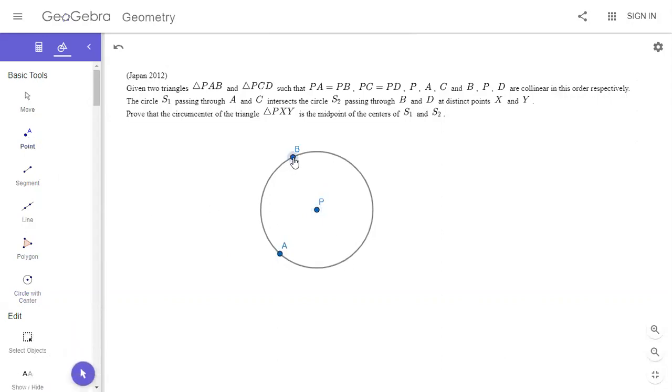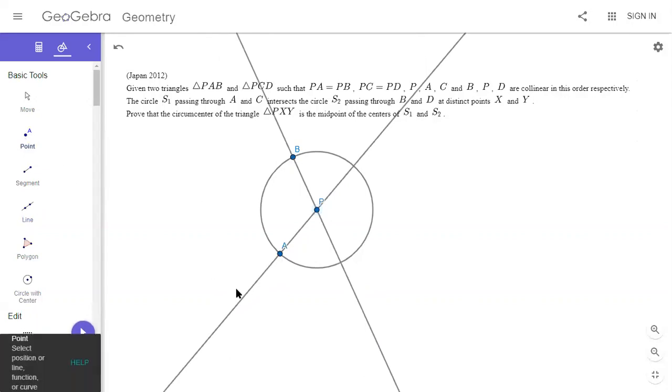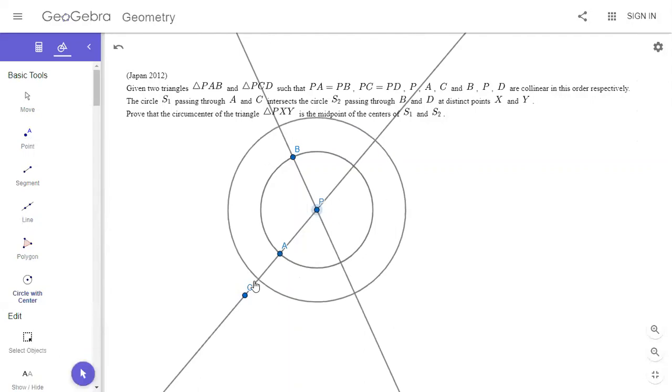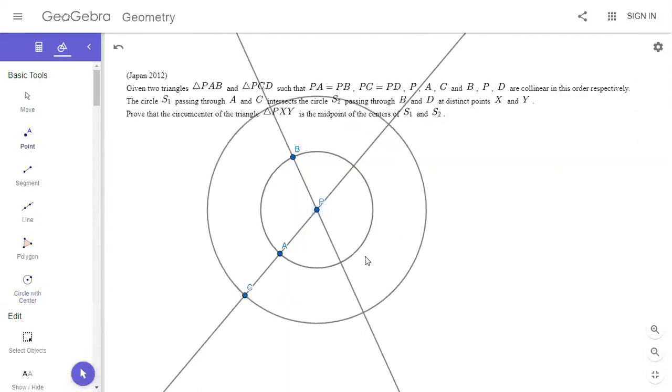I'm just reading ahead a little. So it's kind of like this. So P, A, and C are collinear in that order, and B, P, and D are collinear. And PA equals PB, and PC equals PD. All right.